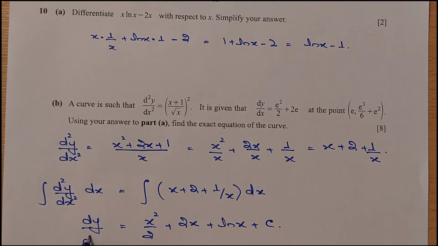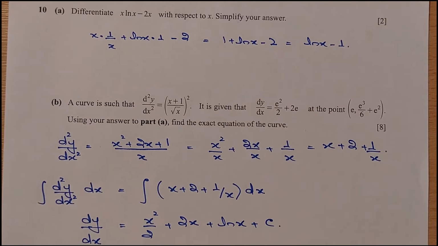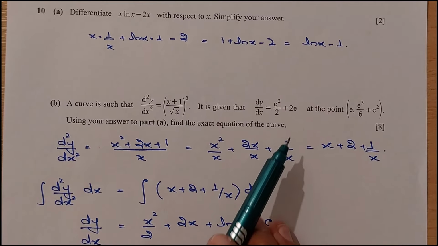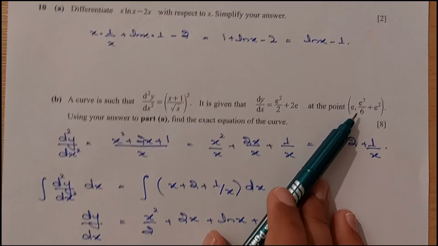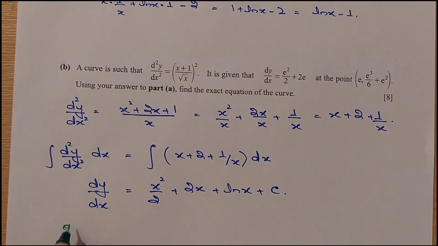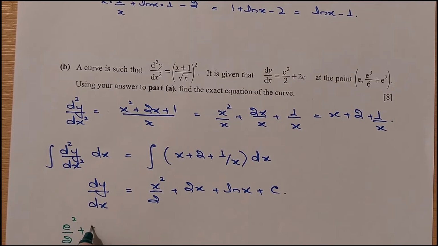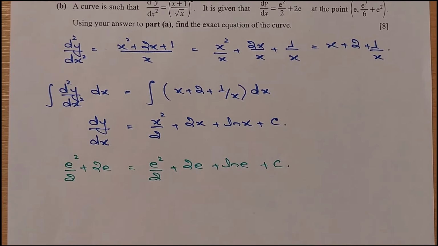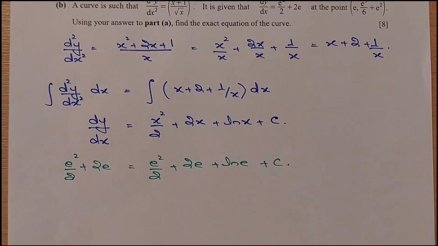Now to get the value of the constant of integration, we need to substitute the condition that the derivative we have is this at this point e, right? So that is e squared by 2 plus 2e, when x is e, equals e squared by 2 plus 2e plus natural log of e plus c. Natural log of e is just 1, right?